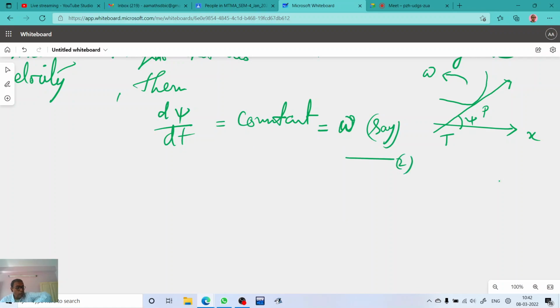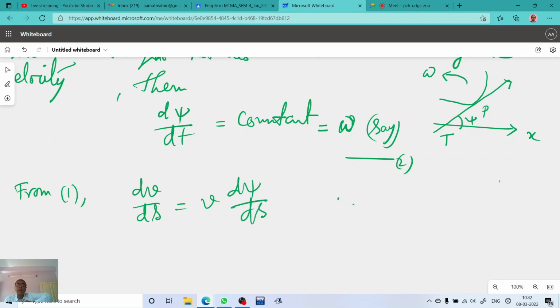Now we have to find the equation of the path. From equation 1, we have dv/ds equals to v into d psi/ds, because radius of curvature rho equals to ds/d psi.